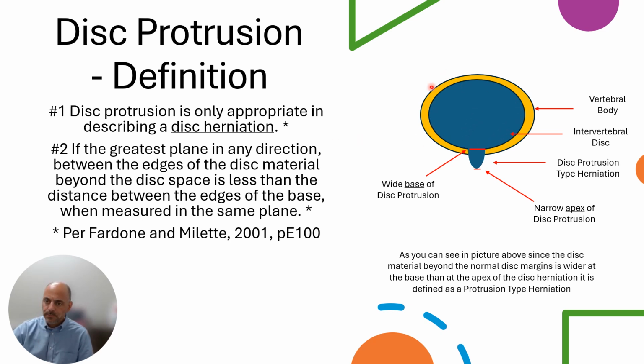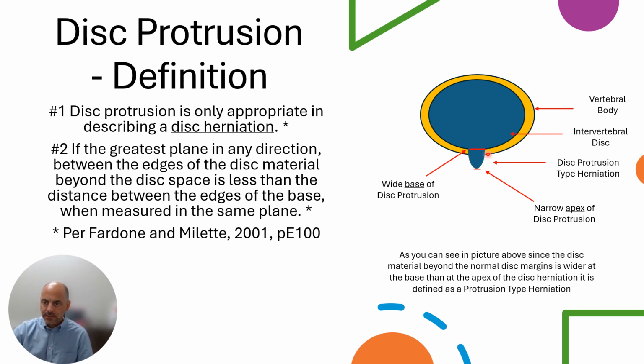As you can see in this picture, the yellow is the vertebral body, the blue is the intervertebral disc. This is the disc lesion, which is going beyond the normal margins of the disc. This, where the disc begins to emanate from the normal body of the disc, is what's called the base, and the furthest point away would be called the apex.